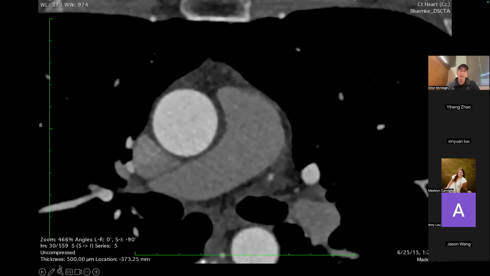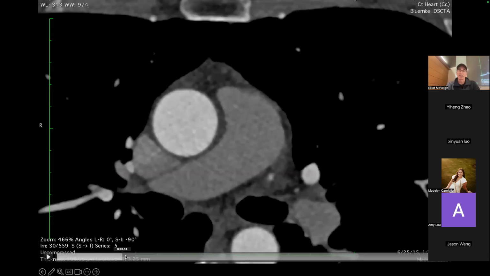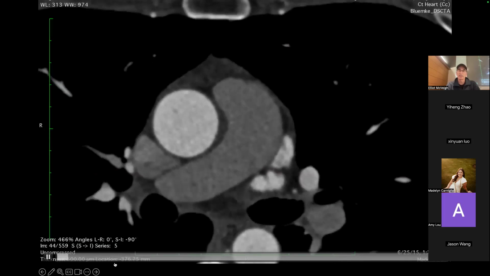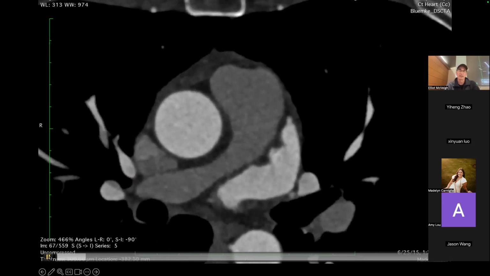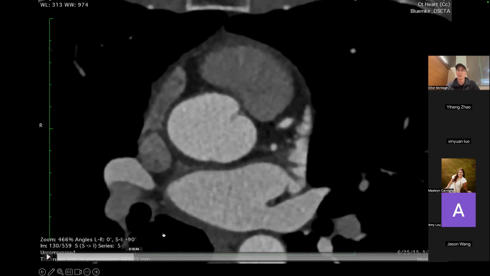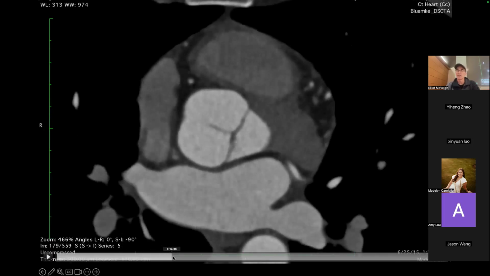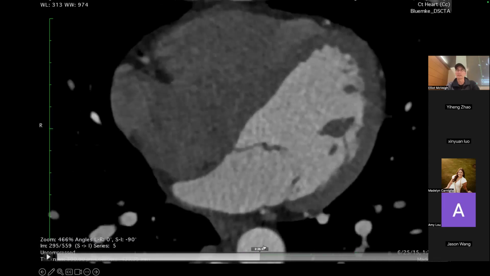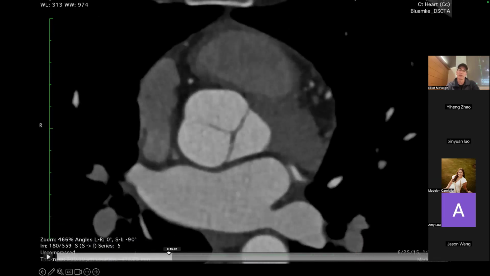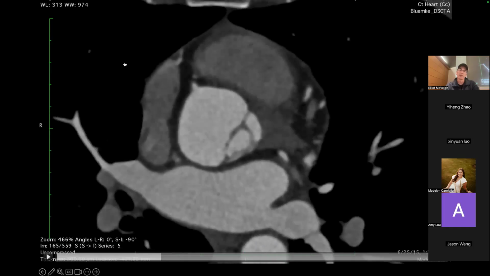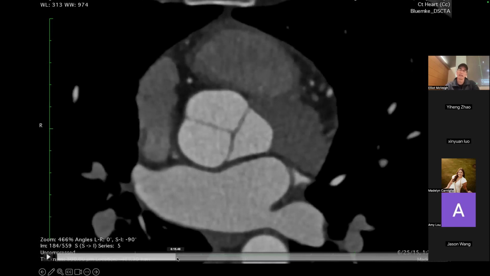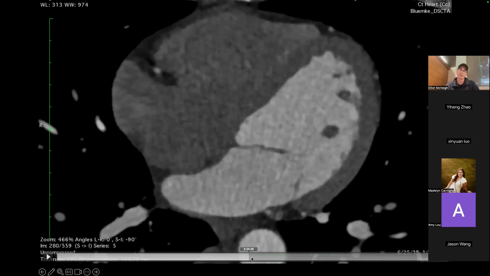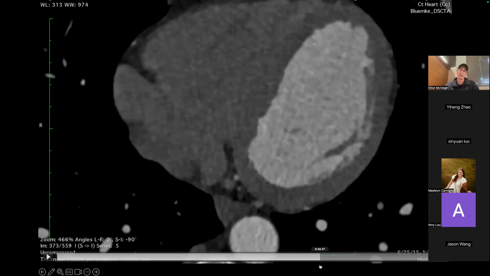So they get really good at this. They basically can zip down through this data. I'm going to pause it. They just zip down, watch this vessel, okay? They cruise down through that and look at it, say, yep, it doesn't seem like it's disappearing or there's anything untoward going on there. Now we'll watch this right coronary artery come off the aorta here, and it'll go down and around the back of the heart, right?